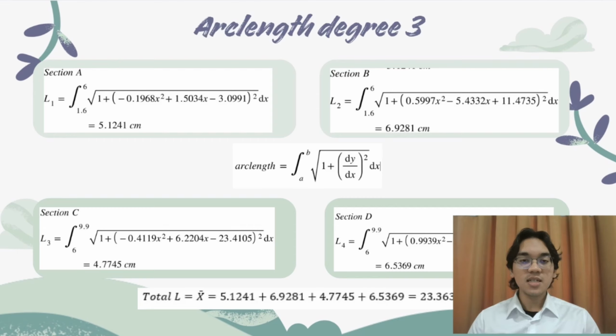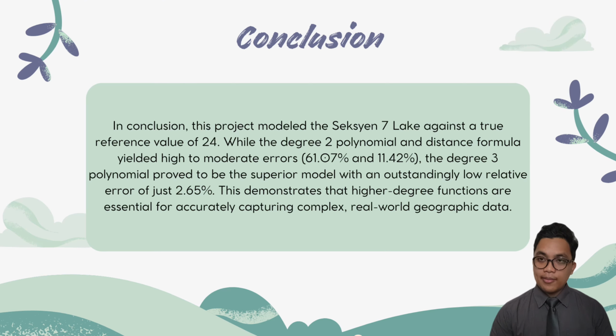Finally, the arc lengths will be totaled up, and the final answer will be considered as the new approximate value of the perimeter of the lake.